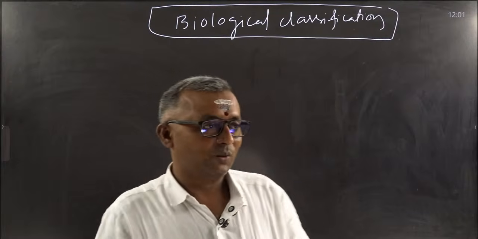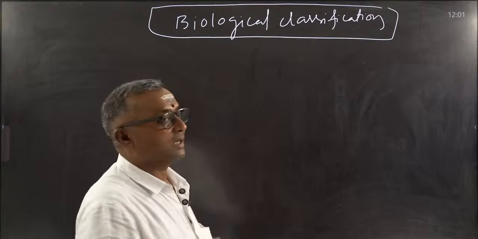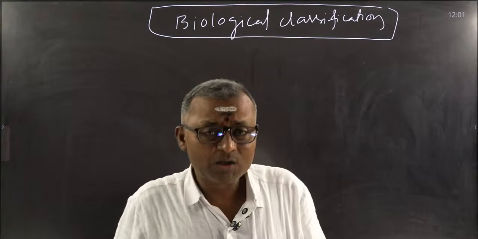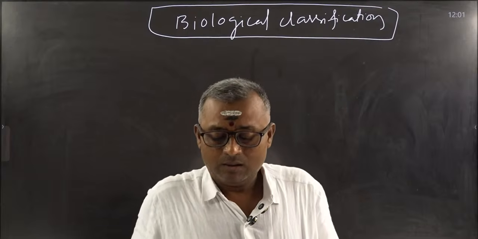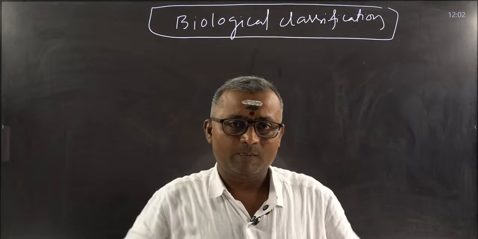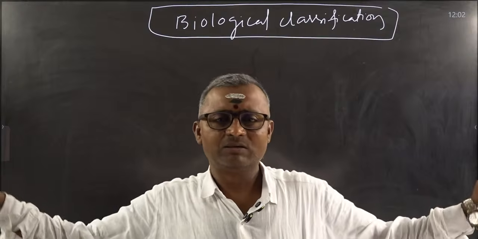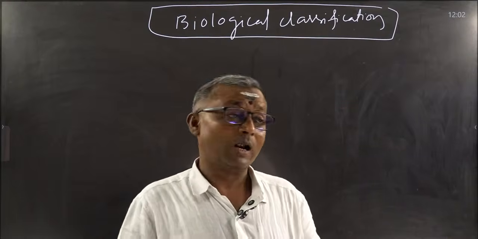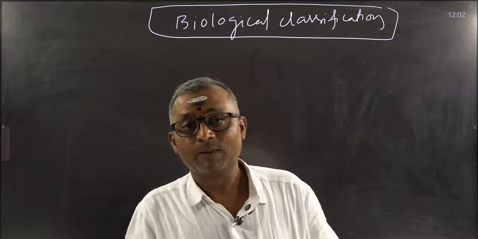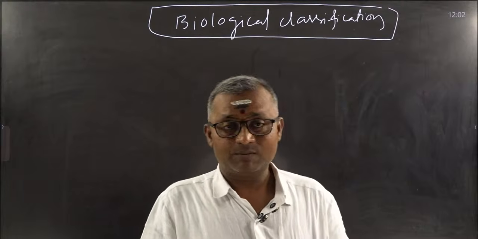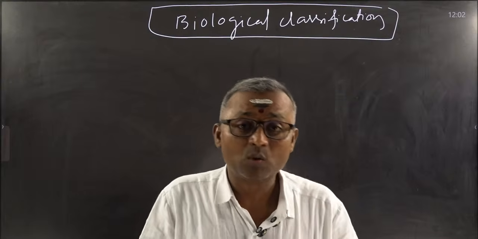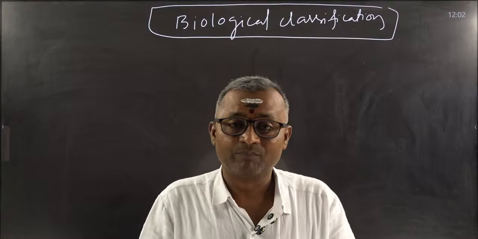Okay, so now let us come back to biological classification. As you know, the living world comprises different kinds of organisms, including microorganisms and macroscopic organisms. In microorganisms, we have bacteria, fungi, different protozoans, viruses.